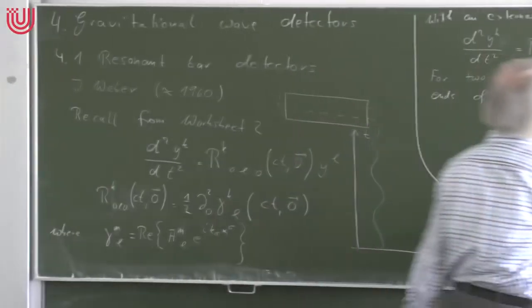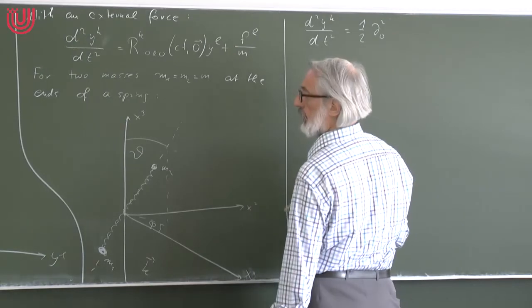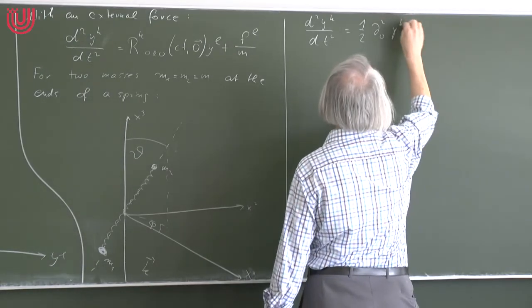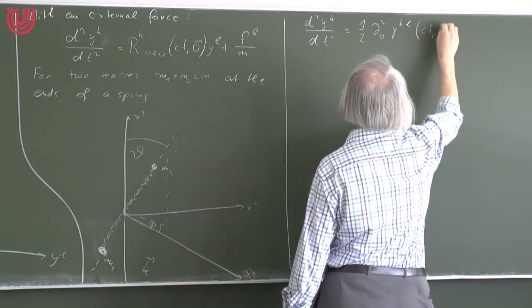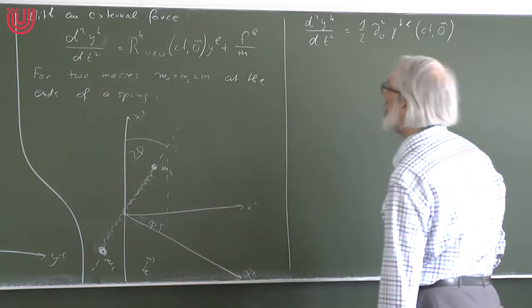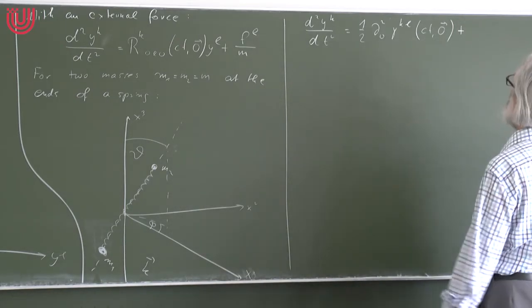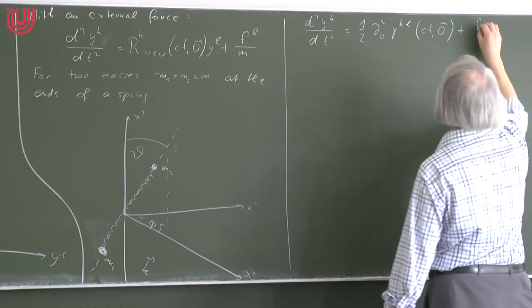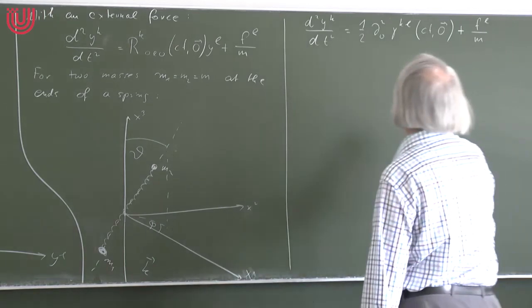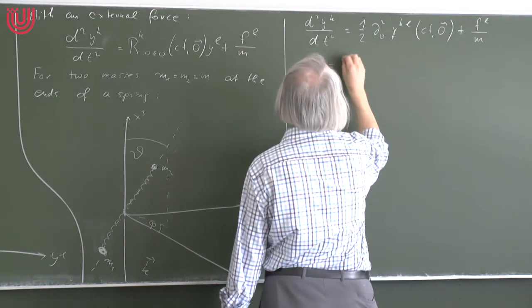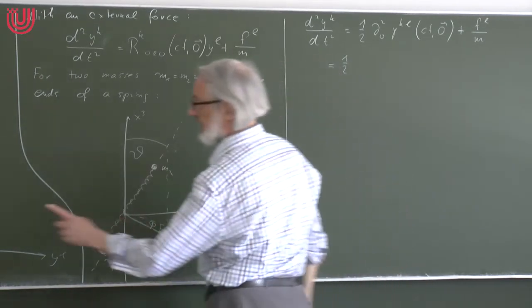It's a second derivative with respect to x naught, gamma KL at ct and 0, plus, let me write this as it is for the time being. I insert this a minute later. Let me first calculate this term here.